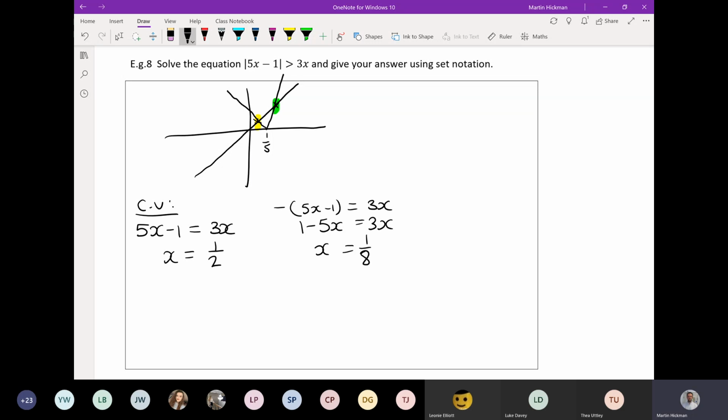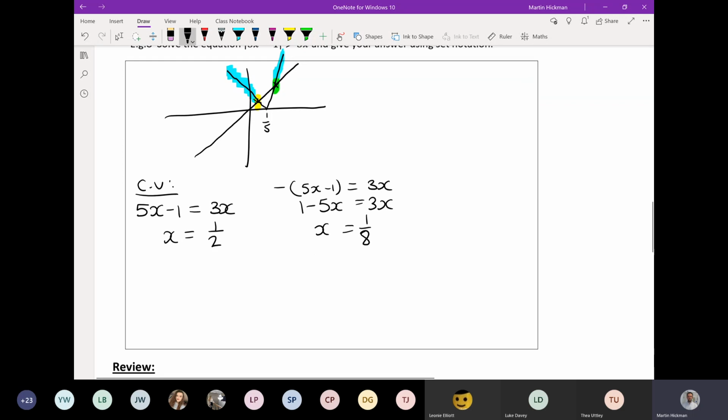Because you're looking at where the modulus of 5x minus 1 is greater than 3x, you just basically want to look at where this is above the line. So if you look at your modulus of 5x minus 1, it's that V-shape graph that we're looking at, remember? All these parts here are above the line of 3x, because you're looking at greater than.